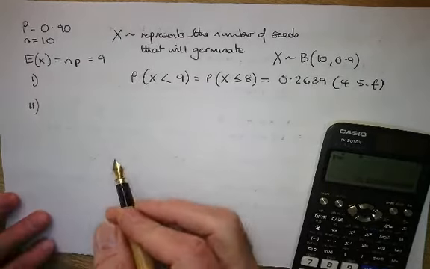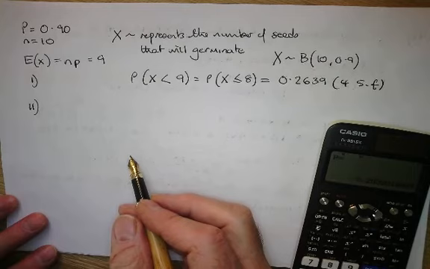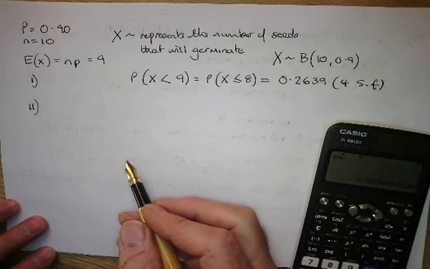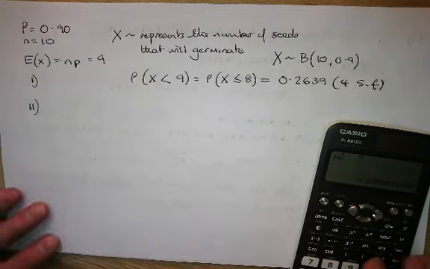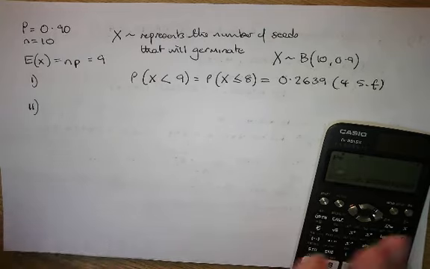Now part 2, what does part 2 ask us? It says here, the gardener then plants 20 trays, each with 10 seeds. Find the probability that there are at least 19 trays in each of which at least 8 seeds germinate. Making all the assumptions of independence and consistency, one doesn't influence the other.